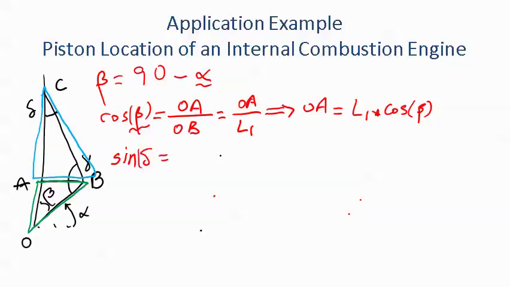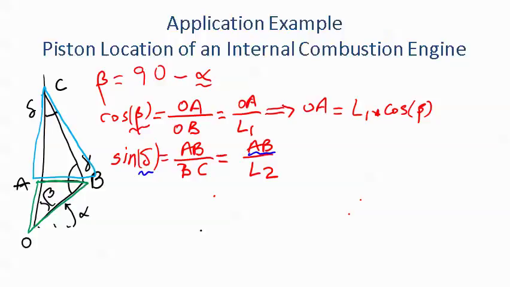The sine of delta will be equal to AB divided by the hypotenuse of the blue triangle, which is BC, which is equal to L2. But here we don't know angle delta and we don't know AB. However, if we use the green triangle, we can find side AB.